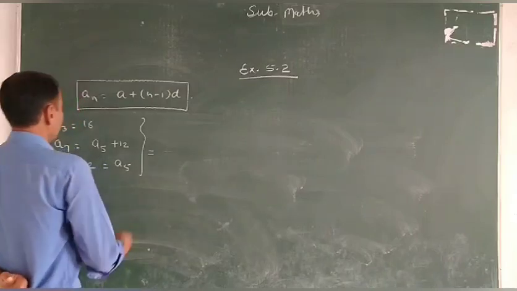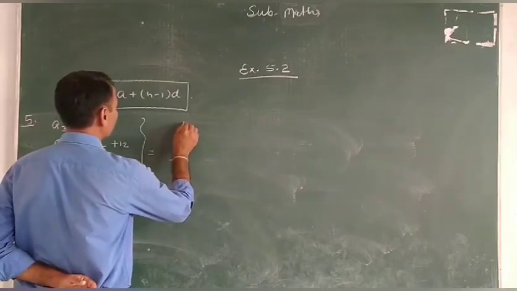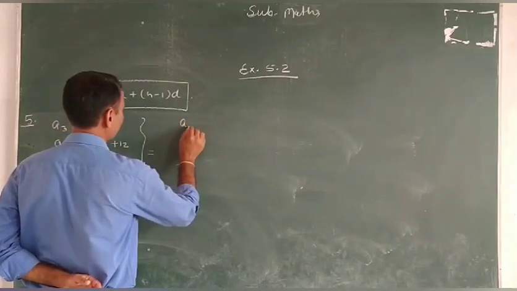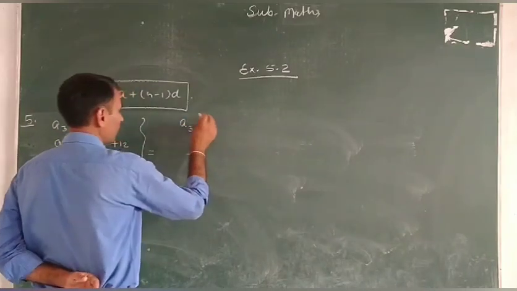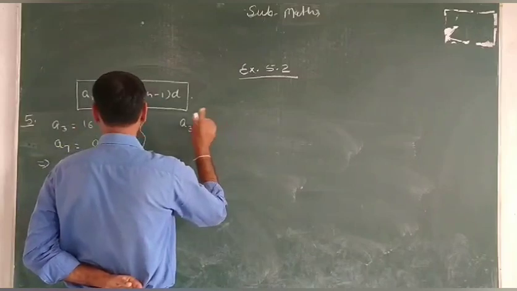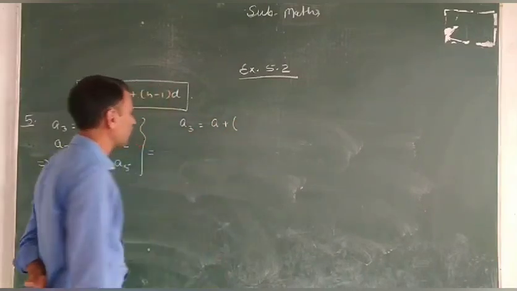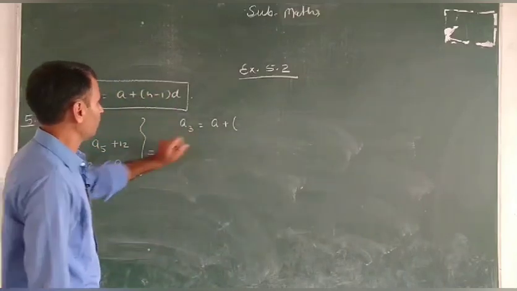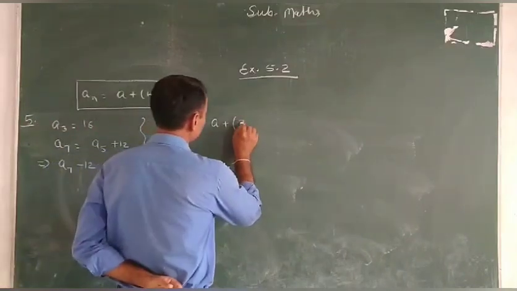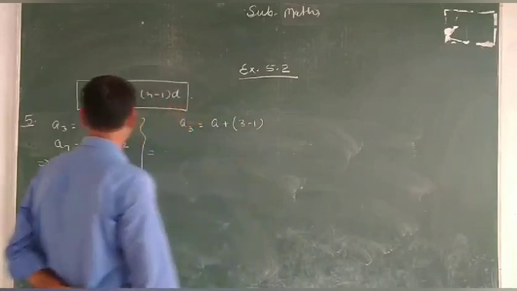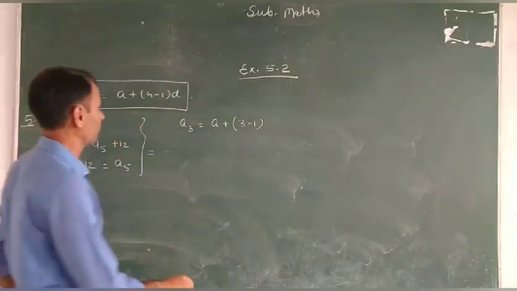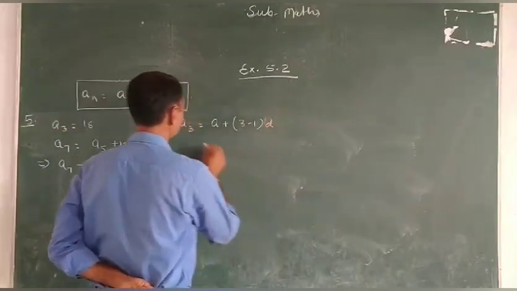By the formula of A3, A we don't have anything, so A plus n minus 1. Here the value of n is 3, minus 1 into d; we don't have any common difference, so put it d.